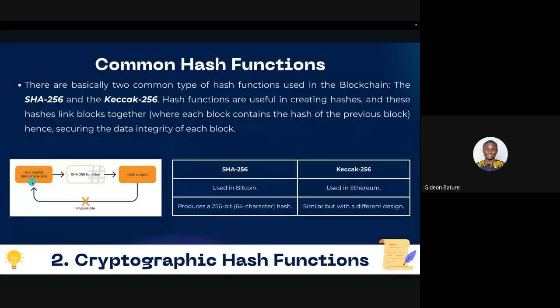You can see from this image, we give it data of any size, pass it through the SHA-256 function, and it gives us a hash output. But from the hash output, it's impossible for you to get what the input is. Like I said, in mathematics, they call this a one-way function. So take note of that.